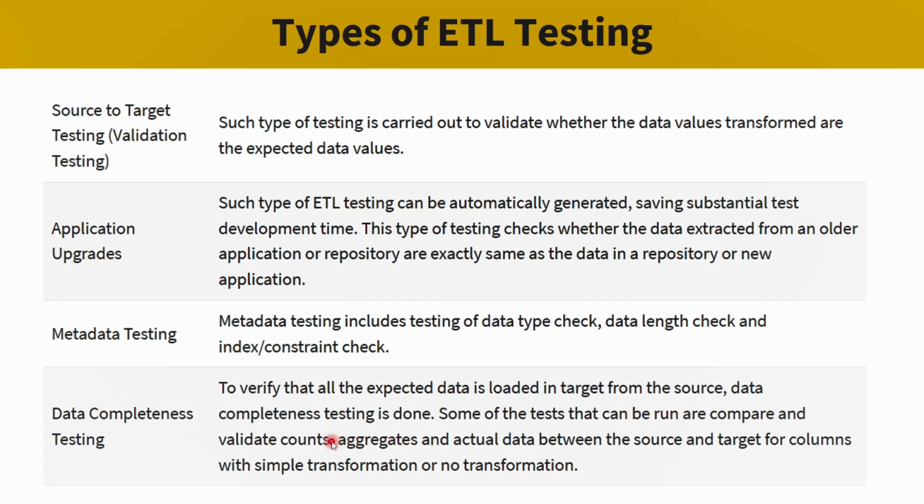Some of the tests that can be run are compare and validate counts, aggregates, and actual data between the source and target for columns with simple transformation or no transformation. So in data completeness testing, our goal must be to make sure that the expected data is loading from the source system to the target system.